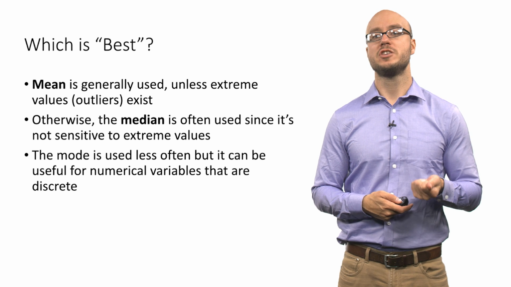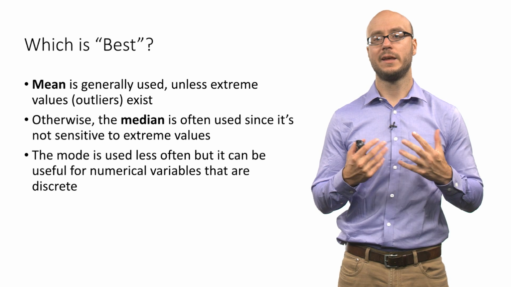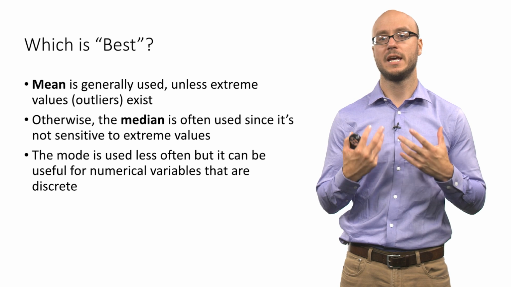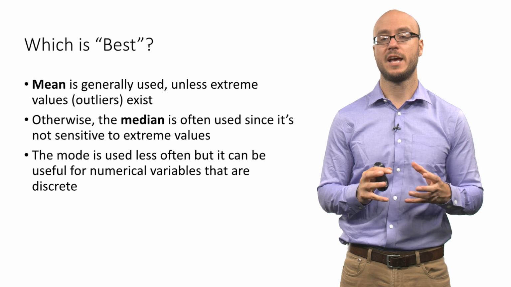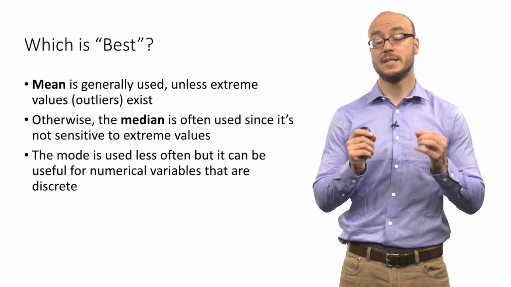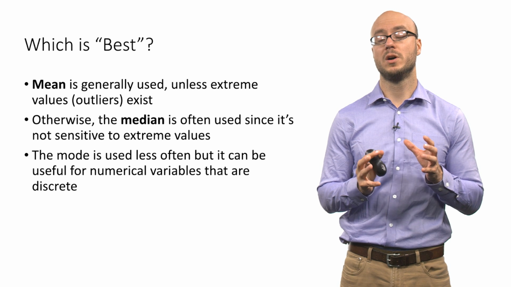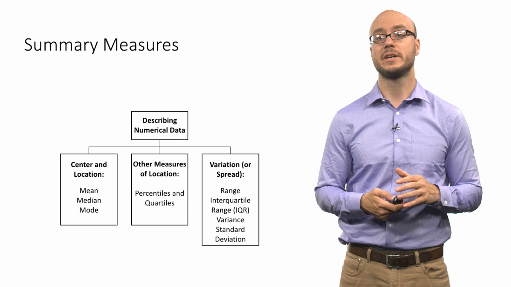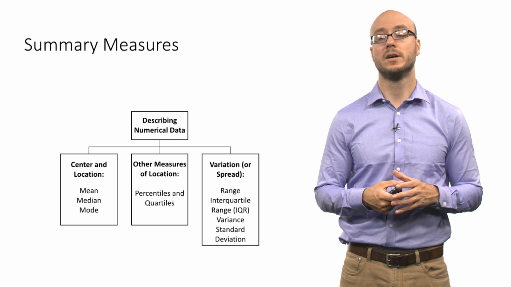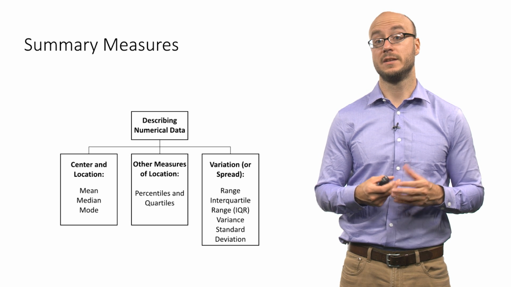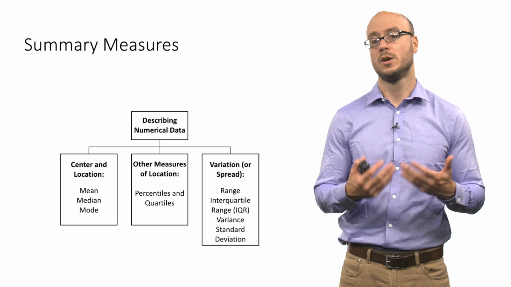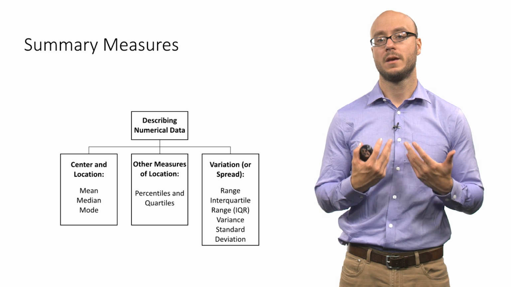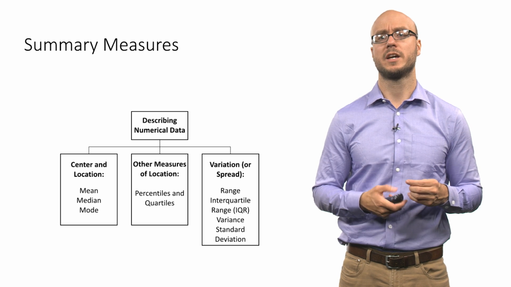The mode is not used as often, but especially when you're first starting with a data set and trying to understand its properties, it can be very useful to calculate the mode for numerical variables, especially those that are discrete, where you have a relatively few number of unique values. In this case, 1, 2, 3, and 4. We don't have that many values for the ranking variables, so it's useful to calculate the mode.